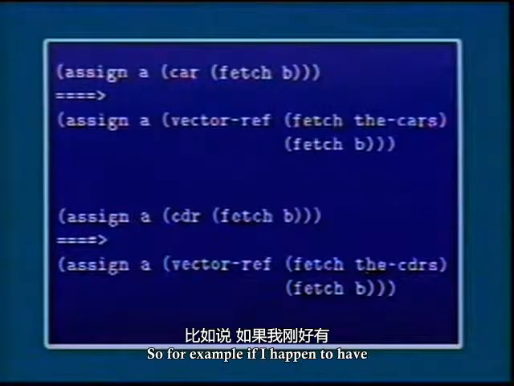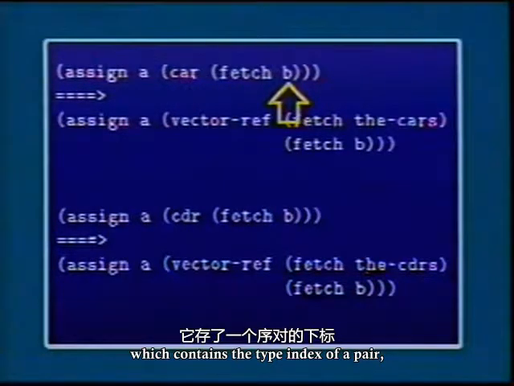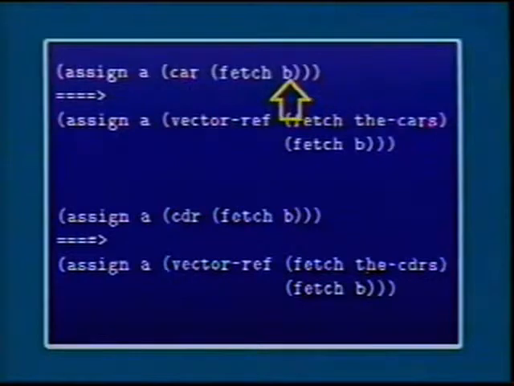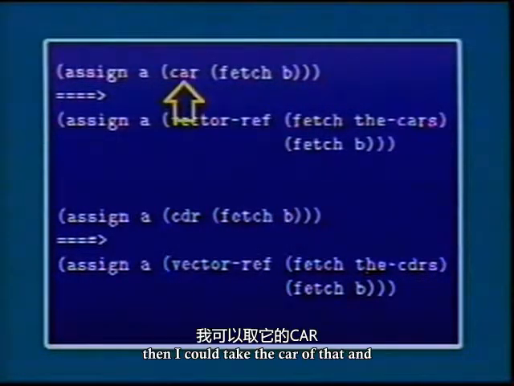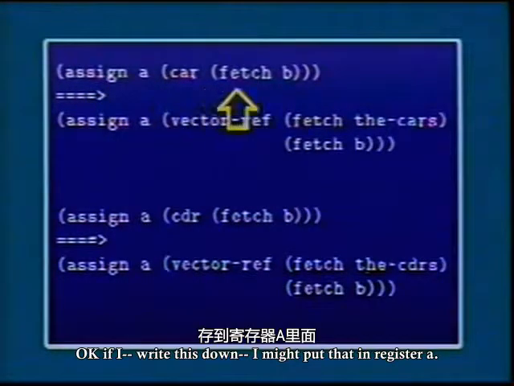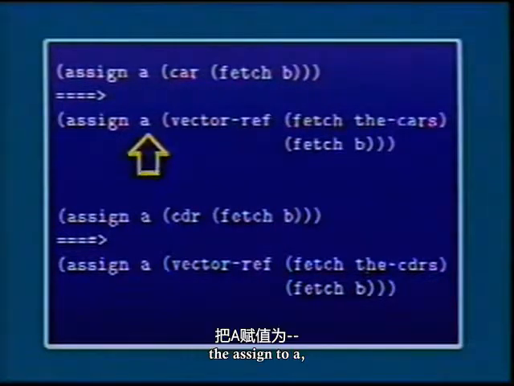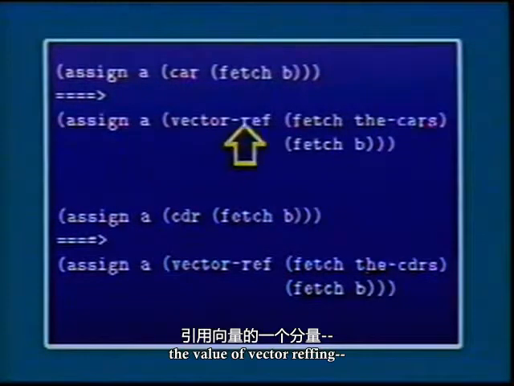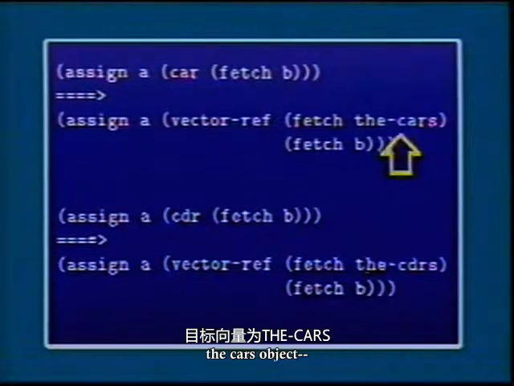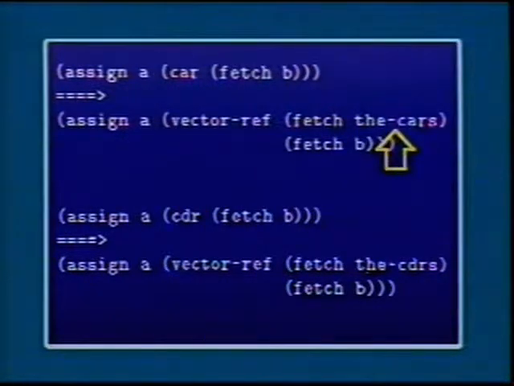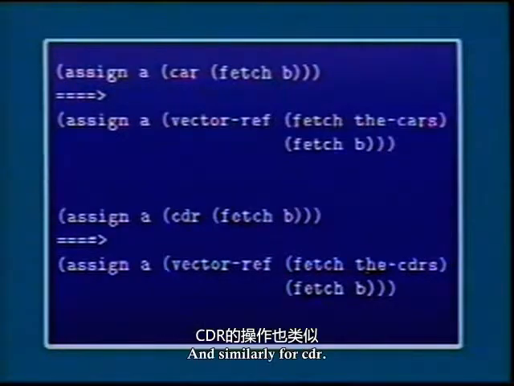So for example, if I happen to have a register B which contains the index, the typed index of a pair, okay, therefore it is the pointer to a pair, then I can take the car of that, okay, and I write this down, I might put that in register A. What that really is a representation of is assign to A the value of vector ref, or array indexing if you will, the cars object, whatever that is, with the index B. And similarly for cdr.